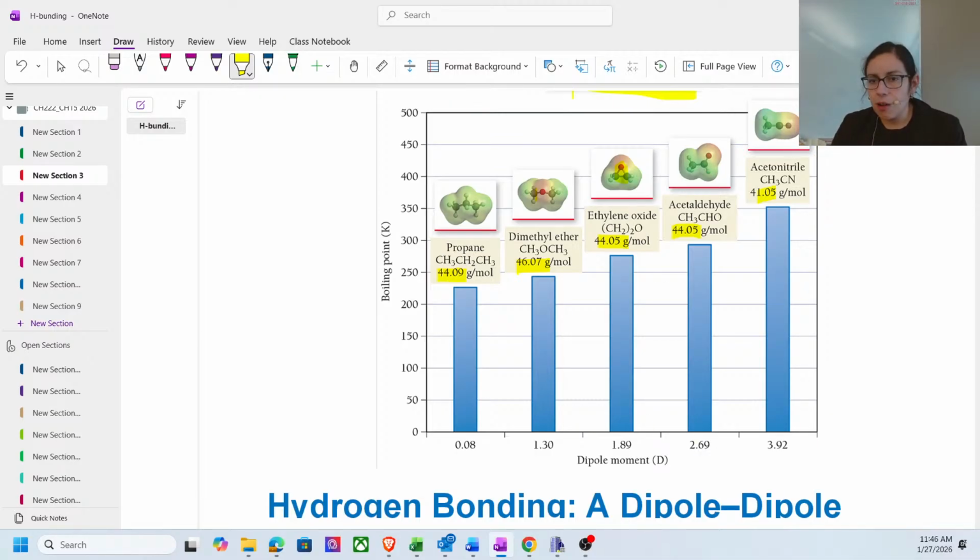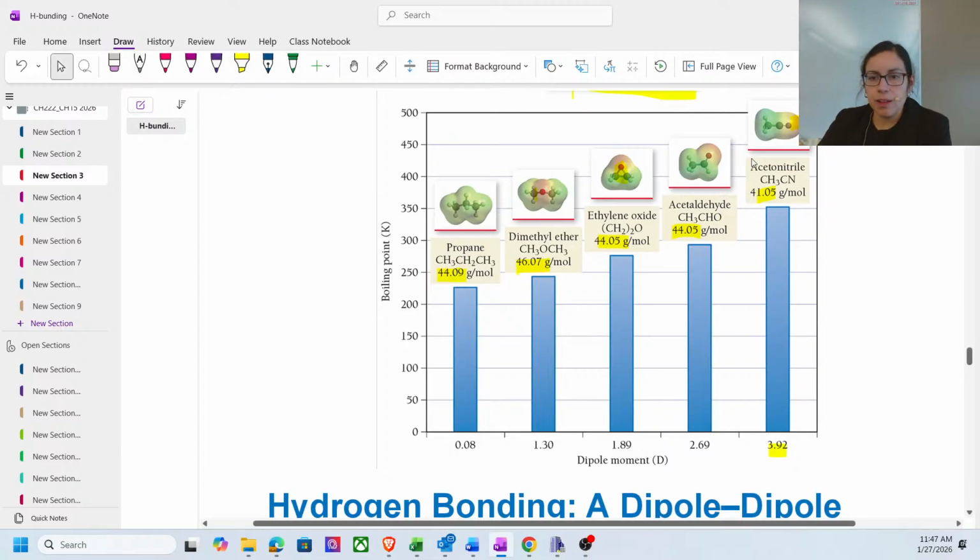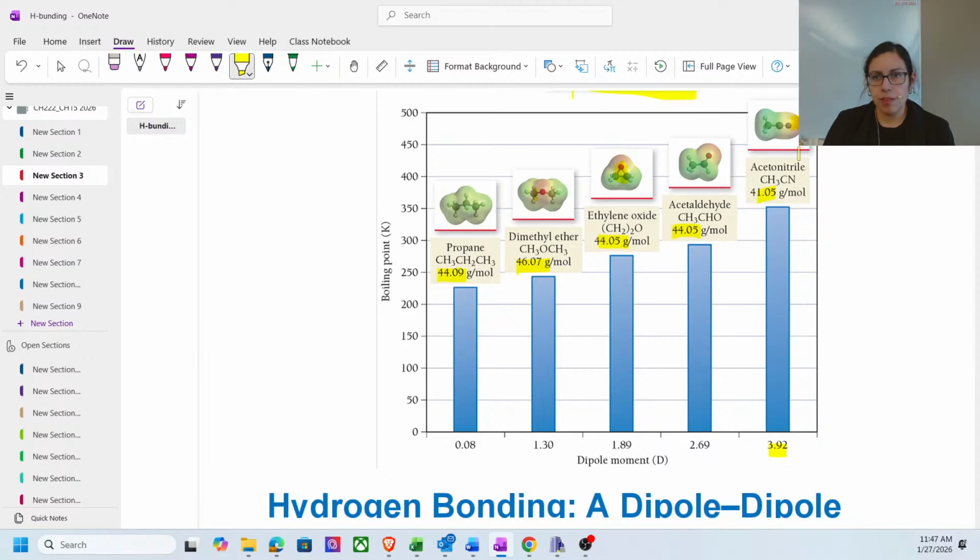Then acetonitrile, we have our negative area of electron density on our nitrogen, so that makes it 4. And then again, highest boiling point just from that polarity. And so again, higher dipole moment just means more attractive forces between two molecules. Does that make sense? Kind of track.